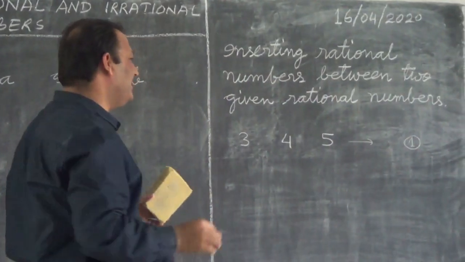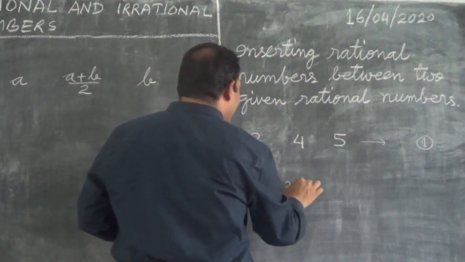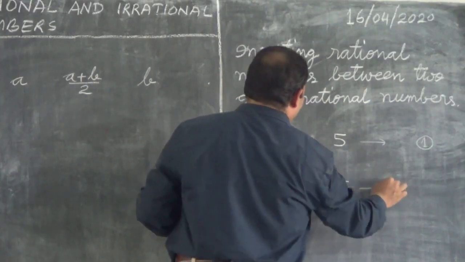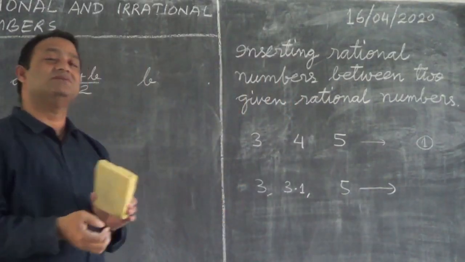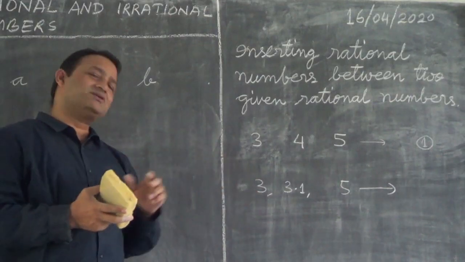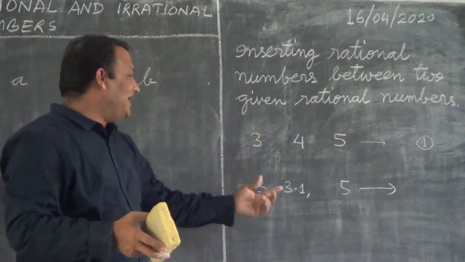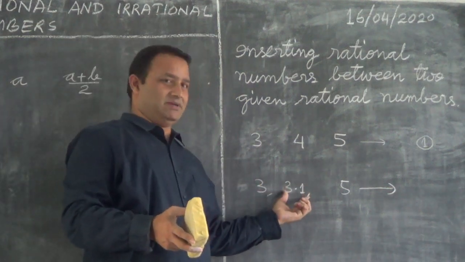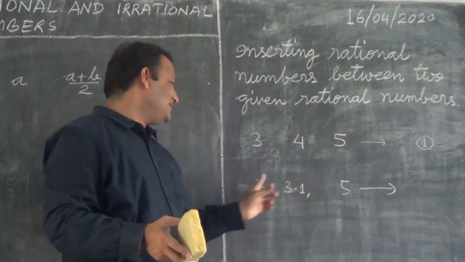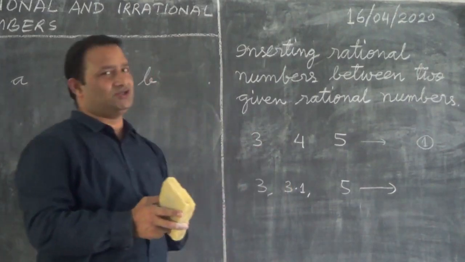Now somebody will think, why can't I write 3 and 3.1 and 5? Why can't I write? Yes, you can write. That is also correct, because our aim is to find a rational number between two given rational numbers. This is also perfectly correct.